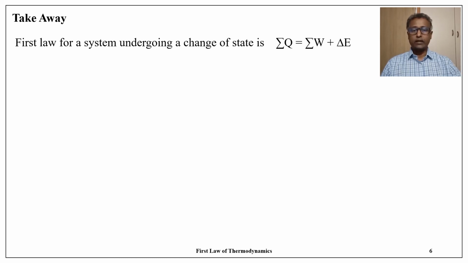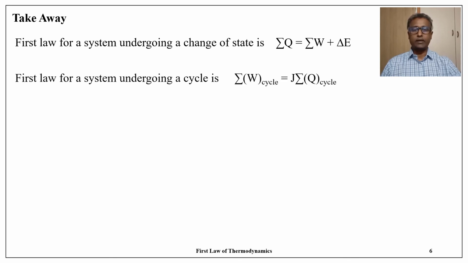And for a cycle, first law mathematically is expressed as sigma of work done for the whole cycle is equal to J multiplied by sigma of Q for the whole cycle.